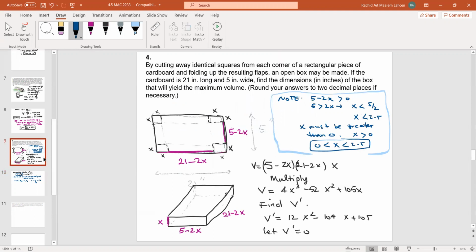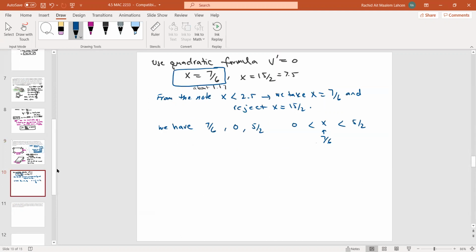So let's use the function here, V. We can call it V(x) because it's a function depending on x: 4x cubed minus 52x squared plus 105x. If you try 0, you get 0.